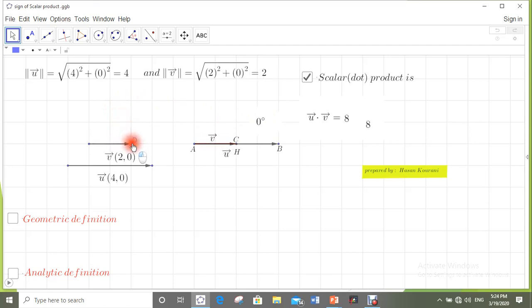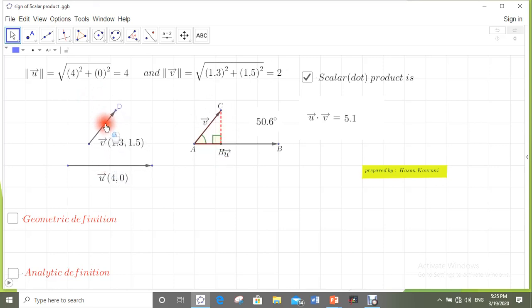Now, as you see, the angle is 0 since they have the same sense, and the scalar product is positive. Now, I'm changing the angle, I'm increasing the angle. As it is less than 90, as you see, till now it will be positive. Downward also positive. So as you see, the angle here is acute, 41.